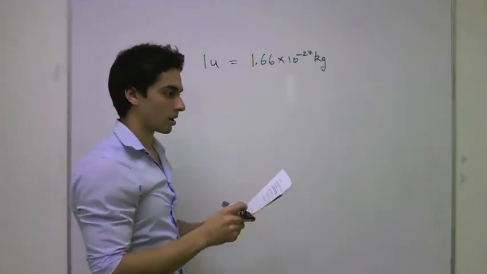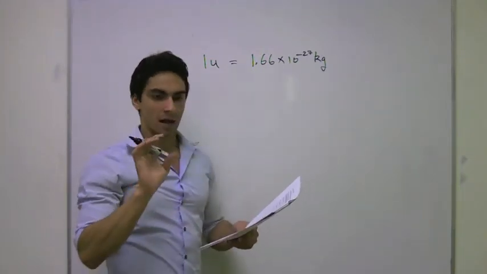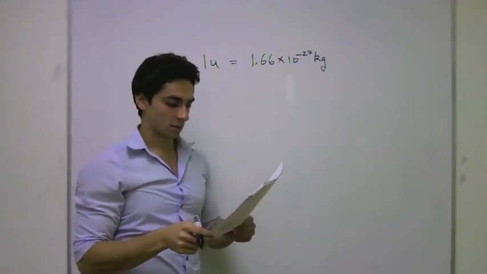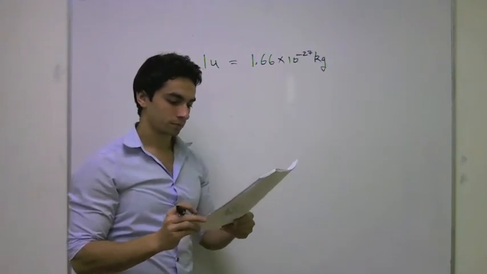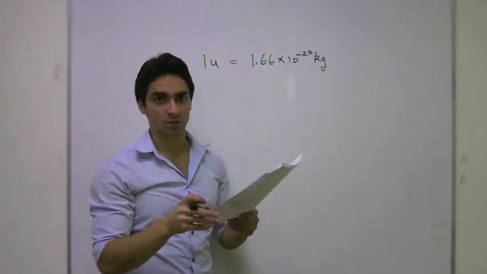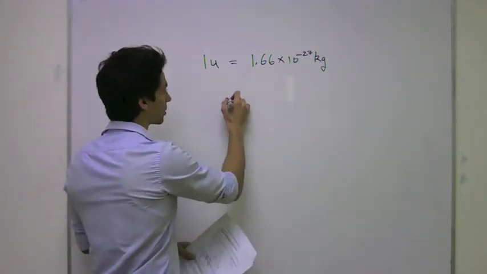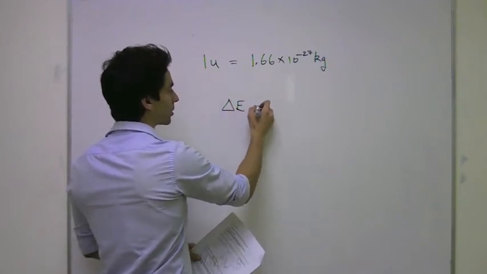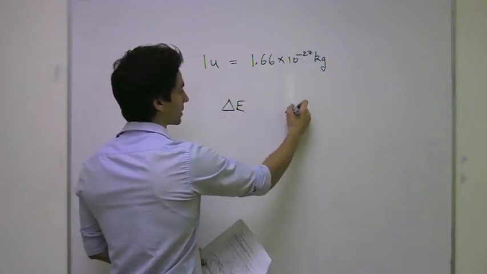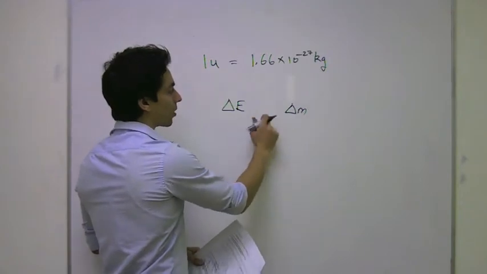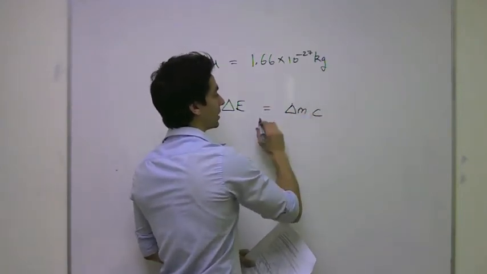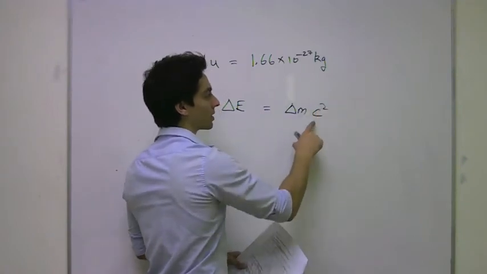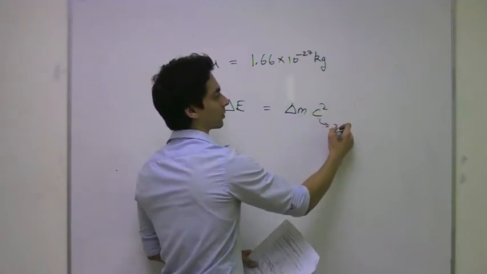Next portion is Einstein's energy-mass equivalence. So Einstein postulated that any mass has a corresponding amount of energy. For example, if there's a change in energy of delta E, there is a corresponding change in mass delta M. And these two are related via this equation, delta E equals delta M c squared, where c is the speed of light.